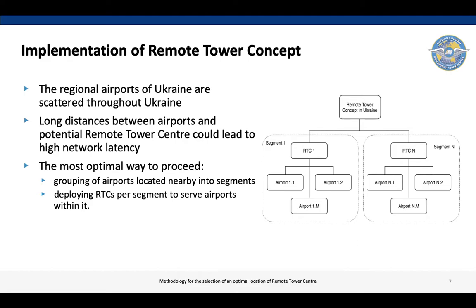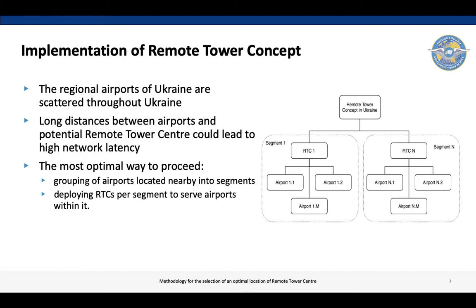We know that the regional airports of Ukraine are scattered throughout the territory of the country, and because of the long distances between the airports and the potential locations of remote tower centers, that could lead to high values of data propagation delays, which could compromise safety and delay the provision of air traffic services to the airports.